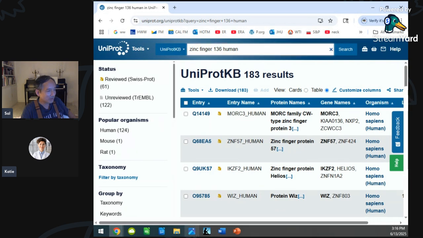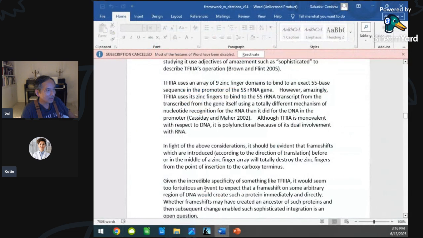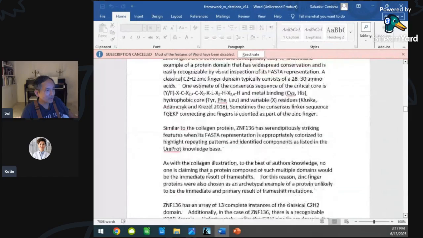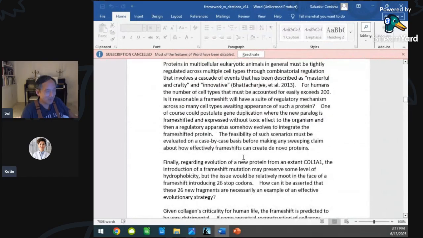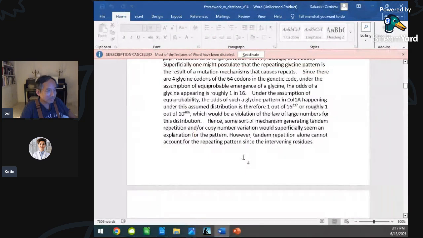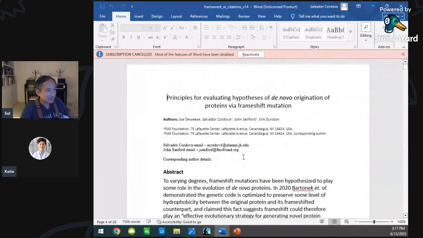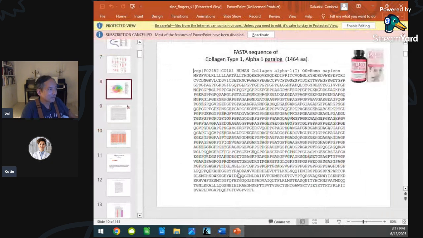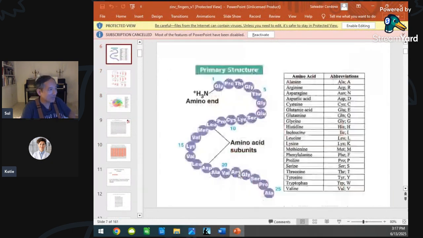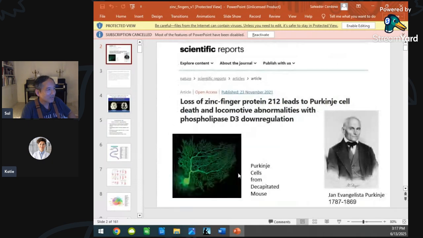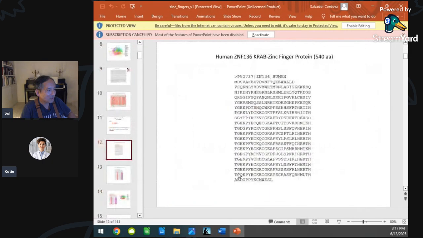I know what I'll do. Hang on. It had its name way up here. Oh, it was in my zinc finger slide. Sorry. Oh, yeah. See, there are these other abbreviations for the amino acids.